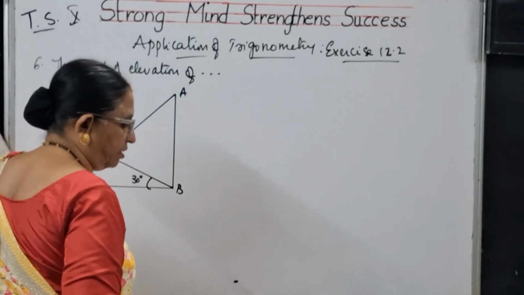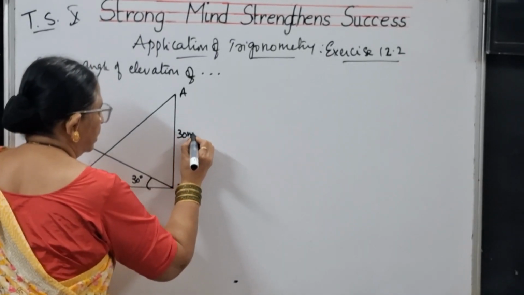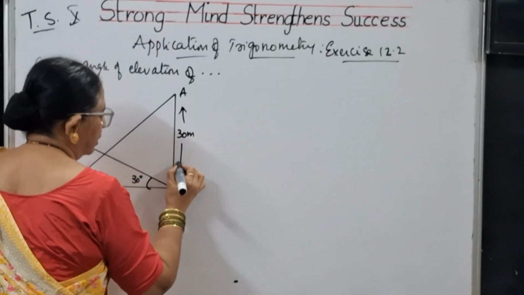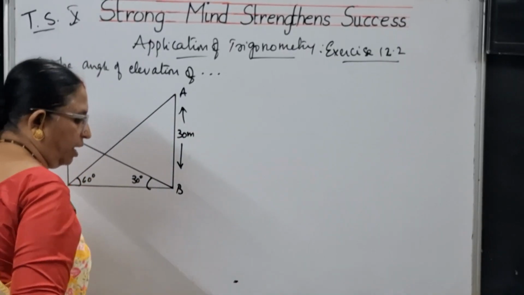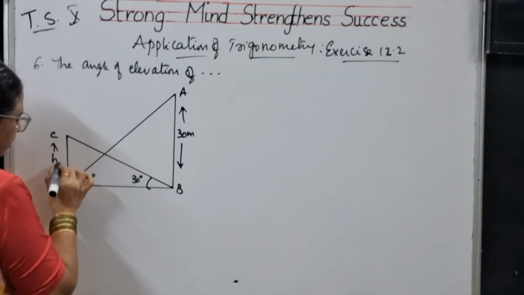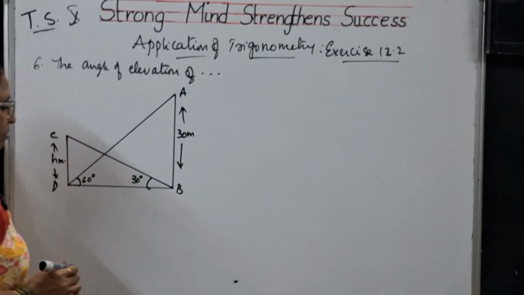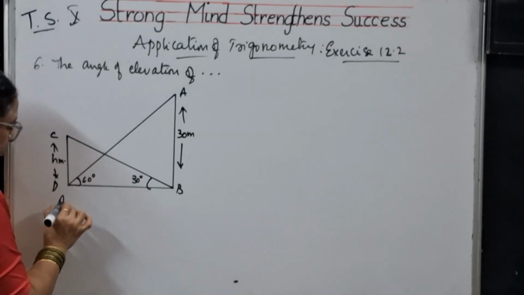If the tower is 30 meters high, height of the tower is 30 meters. Now the question is, what is the height of the building? So, building height, let us consider this as h meters. How much is this? They are asking. So, what is AB?